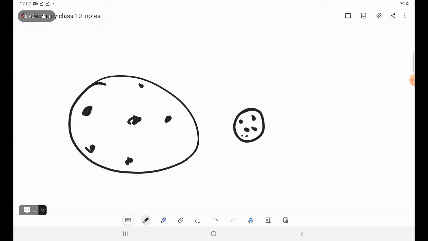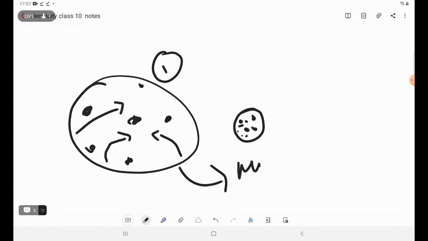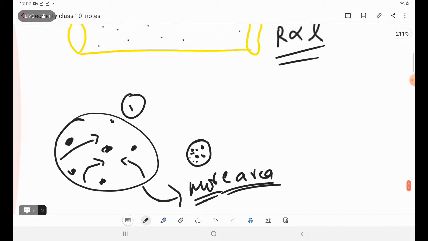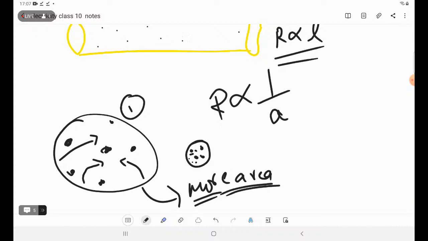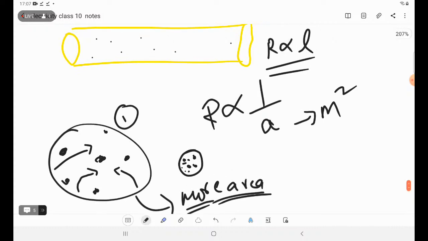So in which can the electron move freely, in this or in this? It's obviously the first one, right? Because there is more area. So this gives us the second relationship. R is inversely proportional to the area. So area should be in meter square, length should be in meters.